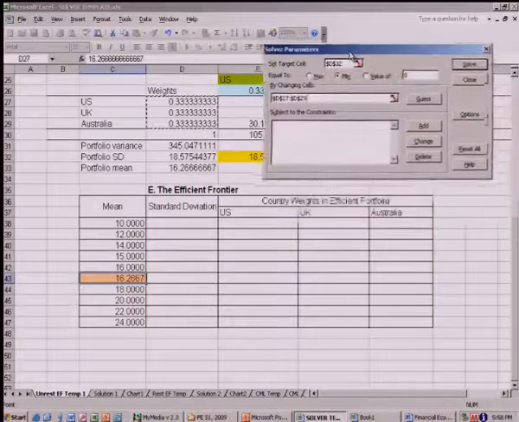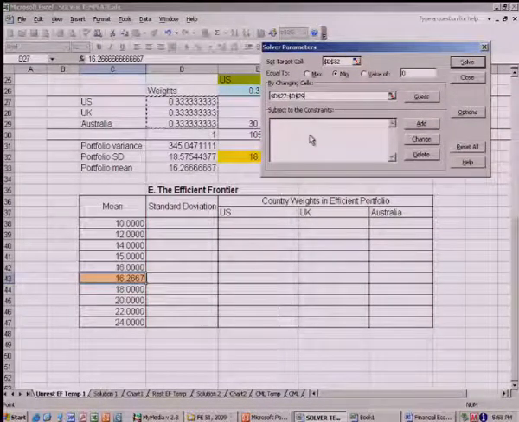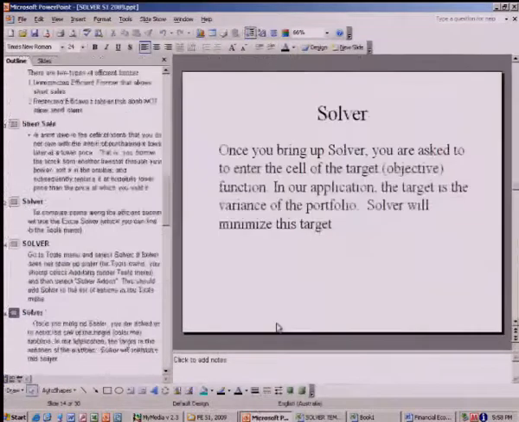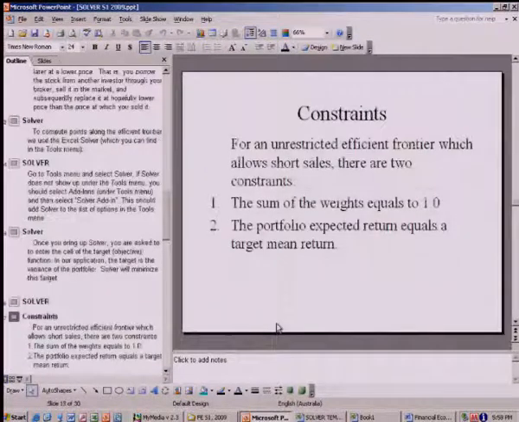The next thing I need to tell the Solver is what my constraints are, if there are any. And there are a number of constraints. In particular, if you look at your slides, for the unrestricted efficient frontier that does allow short sales, there are two constraints. The first one is that the sum of all of the weights has to be equal to 1.